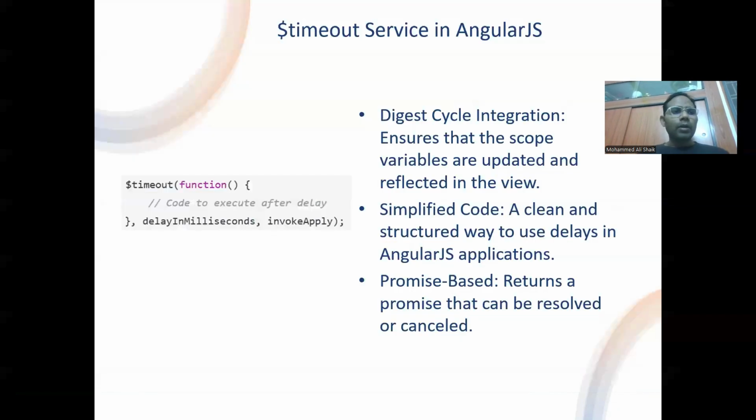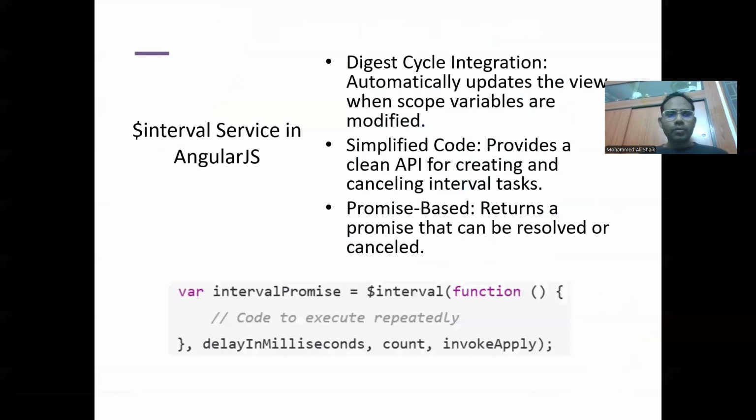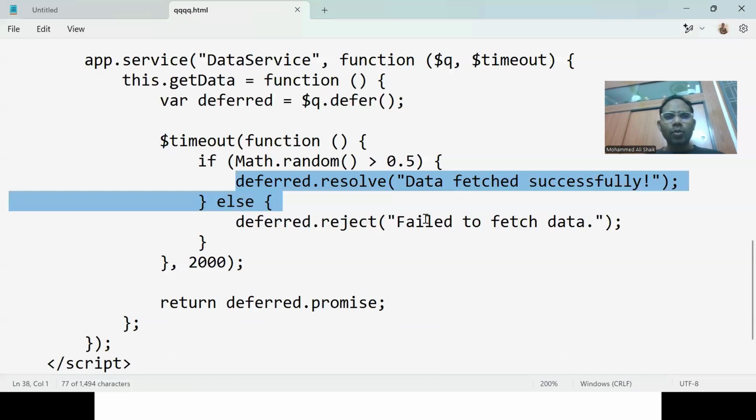Regarding the $timeout function. The next one is the $interval service in AngularJS. Here we have a digest cycle integration that automatically updates the view when the scope variables are modified. The same thing, promise based, everything is the same. Interval is specified for a given amount of time.